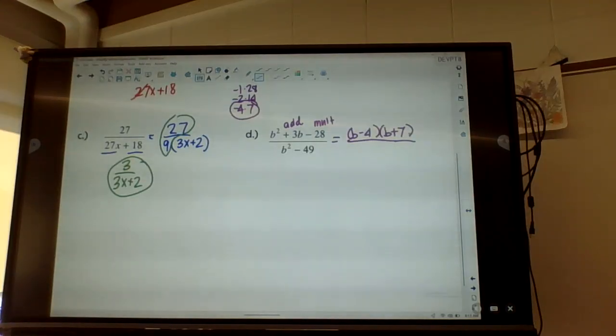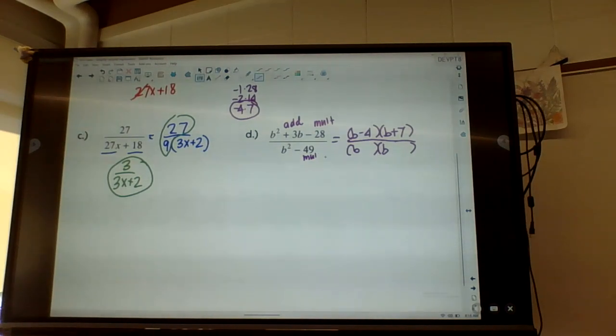Now the bottom is a little bit different type of factoring, but I think once you remember this type of factoring, it's one of the easier ways. There's no GCF, so I know it's going to be b and b. What are we trying to multiply to get in this one? Yeah, the negative 49.